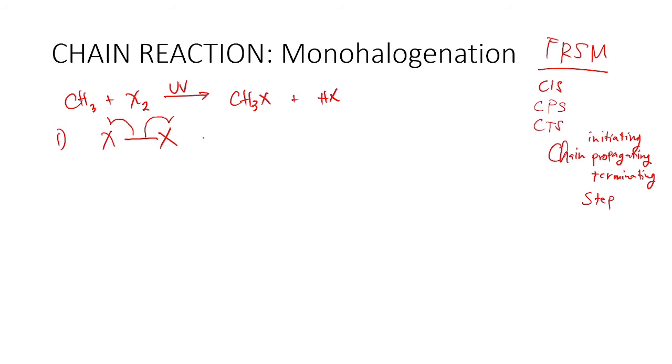Okay? So that is why we call them free radical. That is because of the presence of our UV here. So basically, we will have here free radical halogens or two free radical halides. Okay?